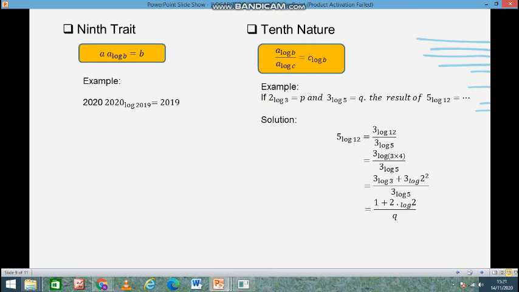Equals 1 plus 2 times 1 divided by p, divided by q, equals p plus 2 divided by pq.